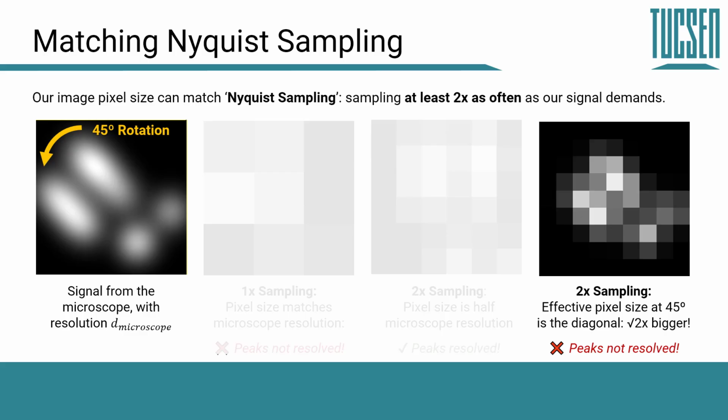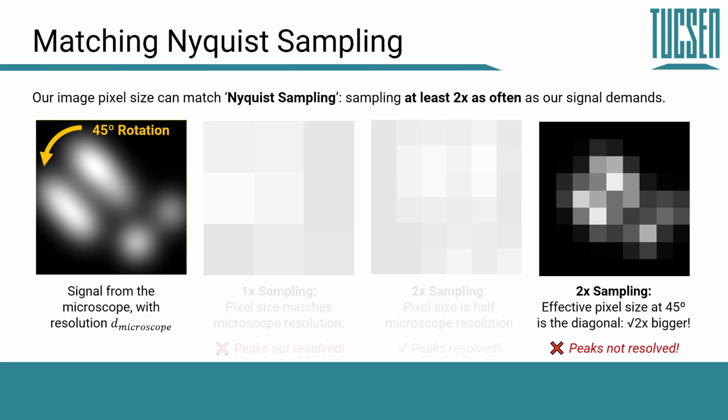Of course, at the diagonal, we have a square root of 2 longer distance to cover between pixels, and you can see on the image on the right, now we're not so clearly seeing what's going on anymore. The 2 spots at the bottom of the image are now blurred into one on the diagonal, and we no longer can truly say we've resolved these images.